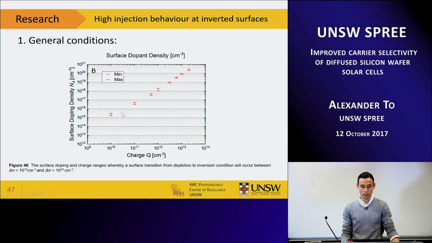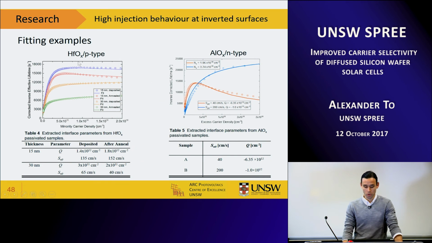And moreover, you can have a certain range within which you're sensitive to that curvature, and therefore you can actually extract your interface charge if you know your doping level. We showed that also for hafnium oxide samples on p-type diffused surfaces, and aluminum oxide passivated samples on n-type diffused surfaces.